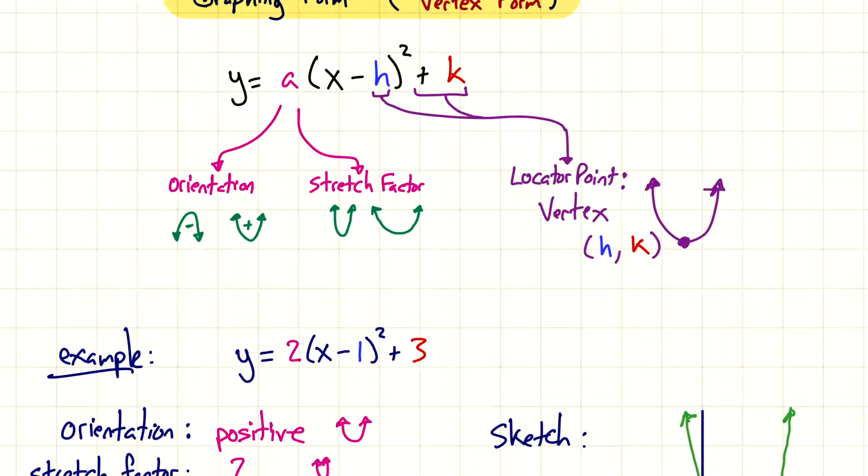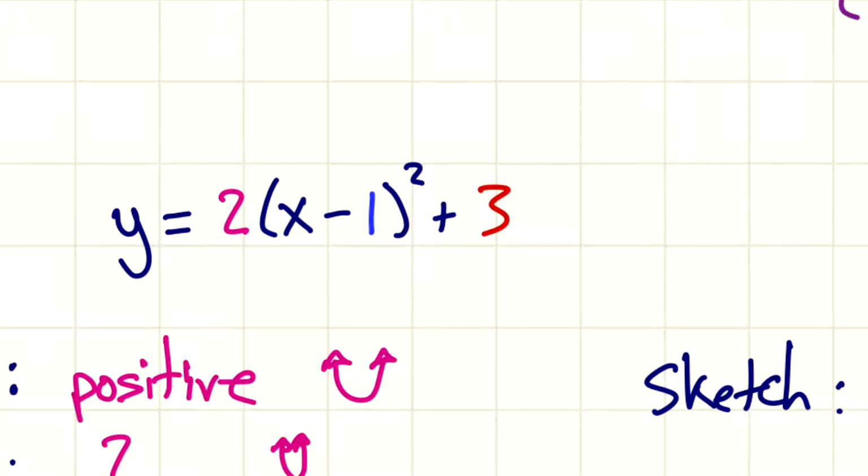So this minus is already part of the equation. So when I look at this equation, I notice that this minus is already part of the original formula. So when I'm looking for my h value, really what I'm looking for is just the number.